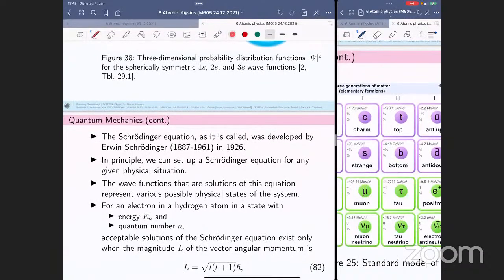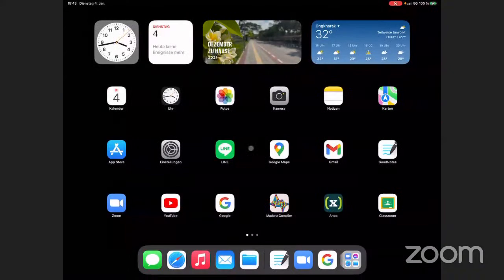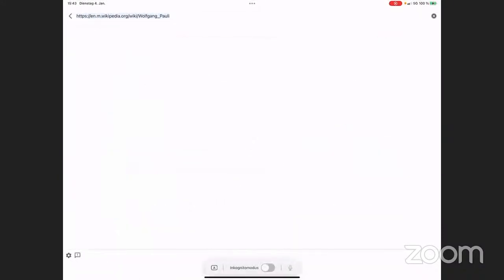Okay, the Schrödinger equation, as it is called, was developed by Erwin Schrödinger. Oh, who is that? Let's take a look at this person. Erwin Schrödinger.